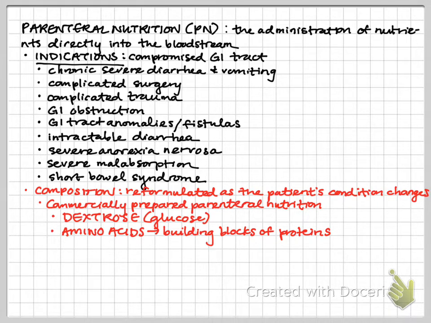Now, there's a blood system that leads to the portal circulation to the liver that delivers everything from the GI tract through the liver so that it can reassemble these amino acids into plasma proteins. So what we're essentially doing is bypassing not only the stomach, the small intestine, and the large intestine, but also a lot of other things, in order to provide the basic pieces necessary for the liver to synthesize those proteins.